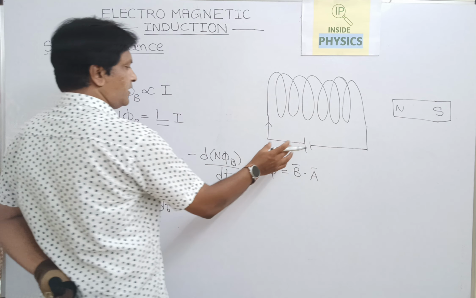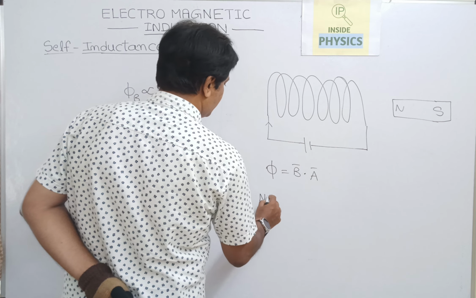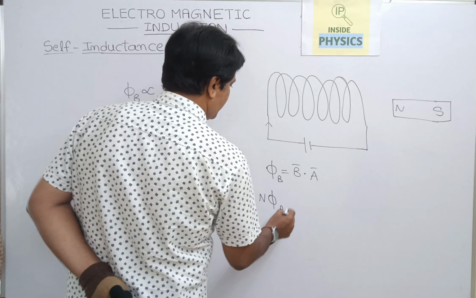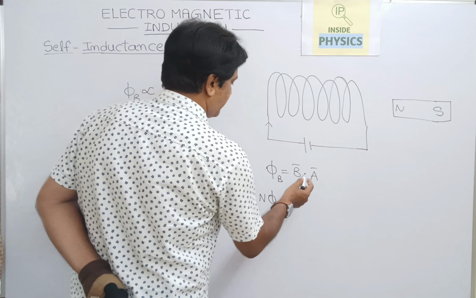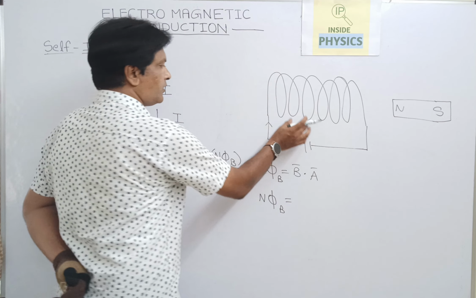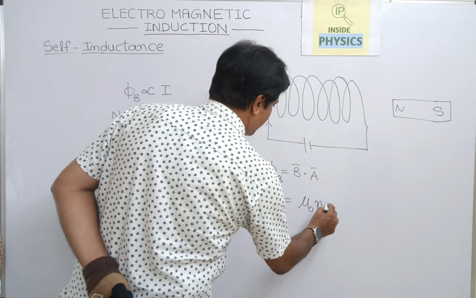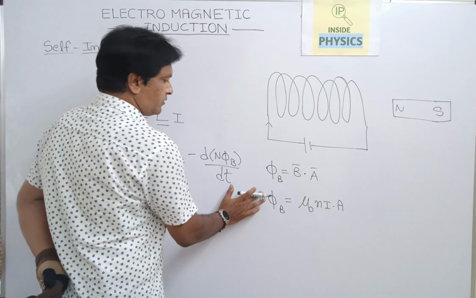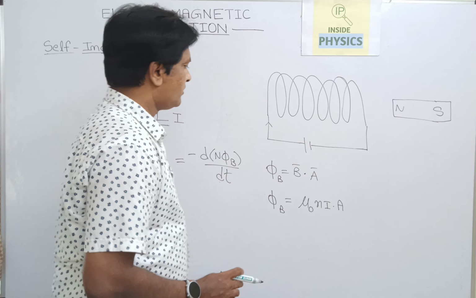Okay, if it is a solenoid, we know that the flux multiplied by the number of turns in a particular coil, and here the magnetic induction due to a solenoid, we already know, is mu naught n I, into A. So we can write it like this as per this formula.